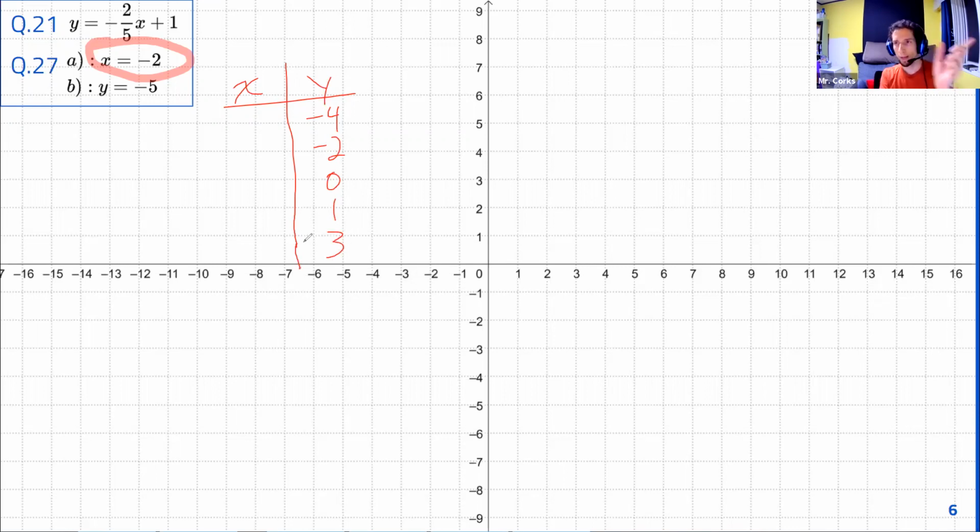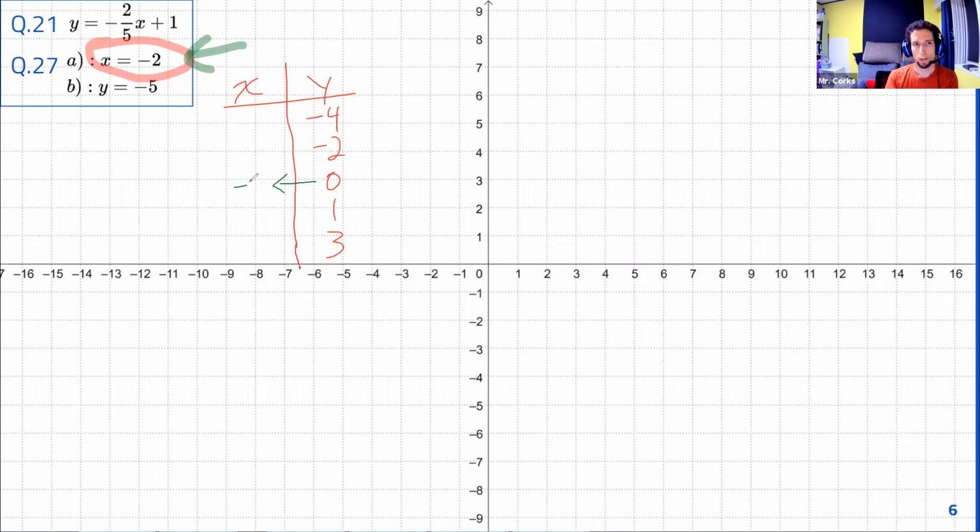We can do a table of values in both directions: choose a random number for x and calculate what y would be, or choose a random number for y and calculate what x would be. So when y is 0, what must the x value be for this equation here?